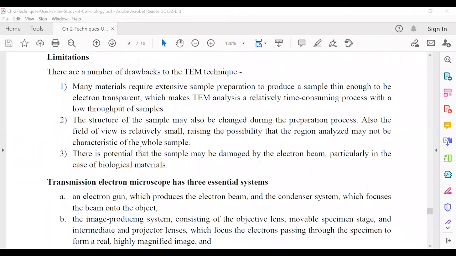Next, another limitation. First, two limitations in this first point: expensive sample preparation, due to sample preparation needs being highly expensive, and another limitation, relatively time consuming compared to other techniques.